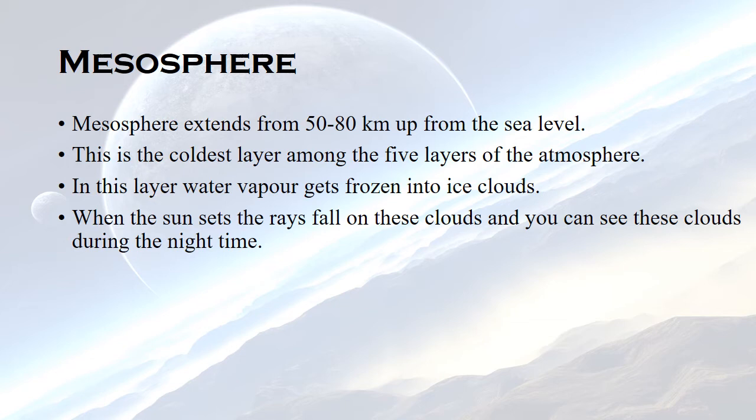It becomes cold enough to freeze water vapor in its atmosphere into ice clouds. These ice clouds are blue-white and are called the polar mesospheric clouds. And these clouds are more visible at sunset from the Earth's poles.